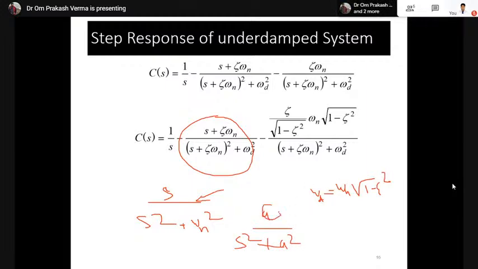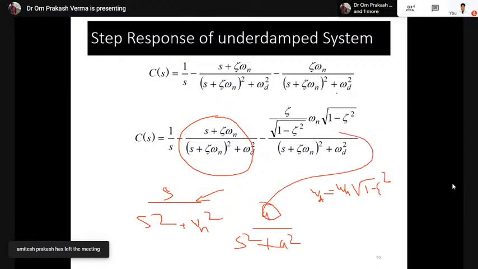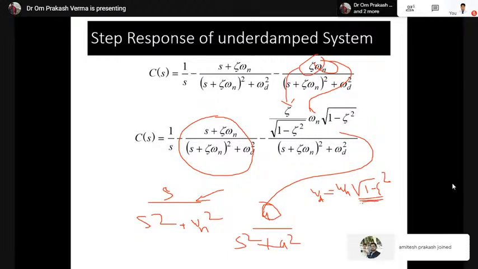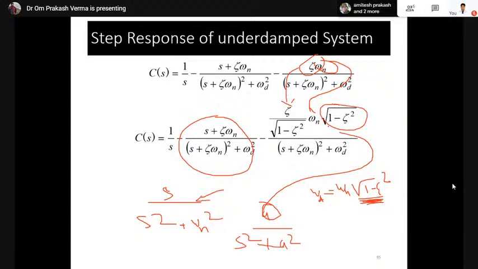So for that a we are fixing this: omega n is already here, zeta is already here. What we don't have is the root under 1 minus zeta square, so we have multiplied with it and taken the division of this equation.